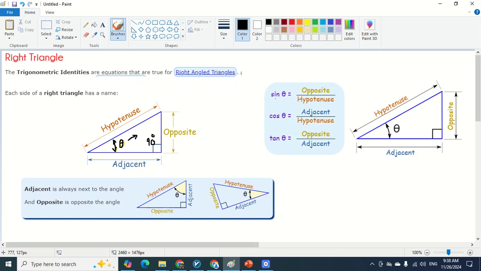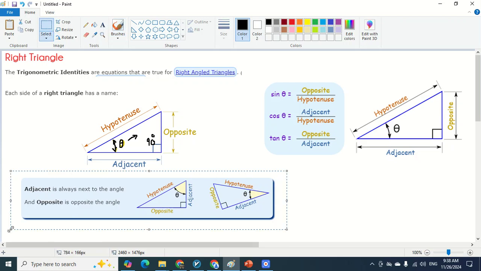Sine theta is defined as the opposite side over the hypotenuse, cosine theta is defined as adjacent over the hypotenuse, and tangent theta is defined as opposite over adjacent. With that type of definition, we have some identities.